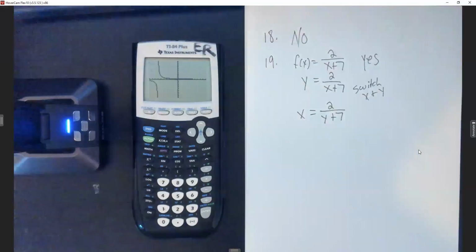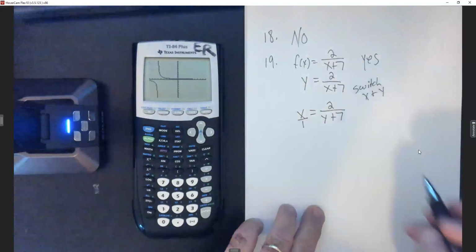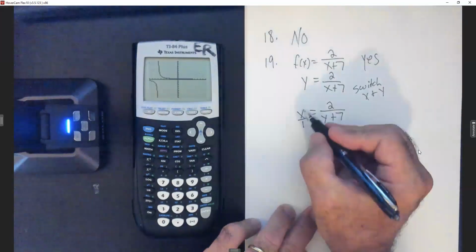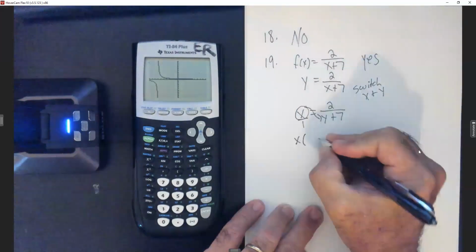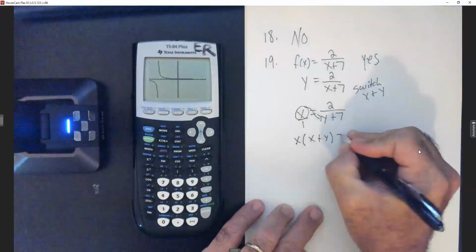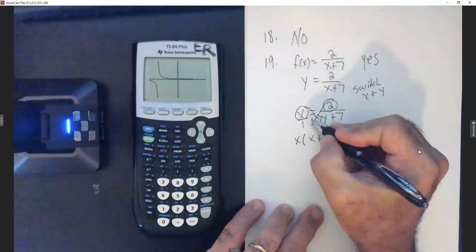What I did on this one, I treated the x like it had a 1 under it, and I'm going to cross multiply this. So cross multiplying, x multiplies by that y plus 7. So that'll be x times y plus 7. That's going to equal the other top times the first bottom, which will be 2 times 1.